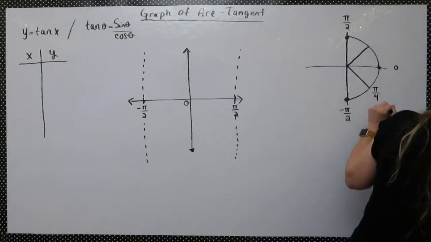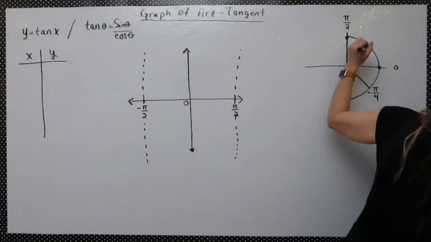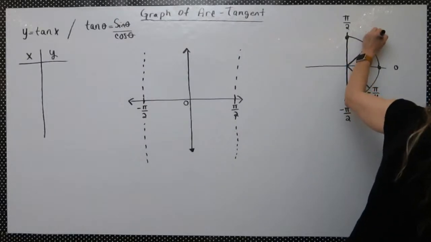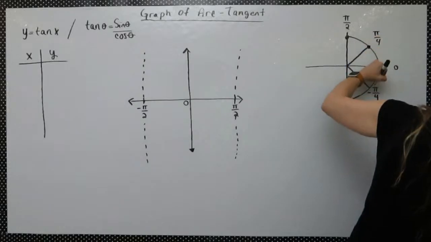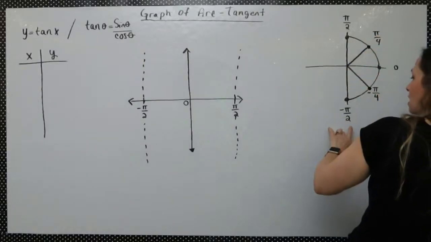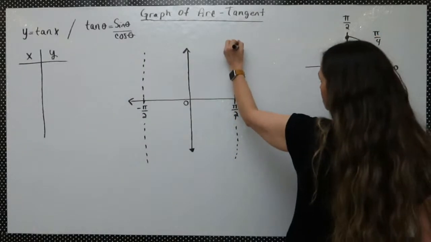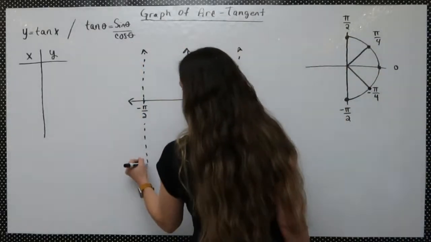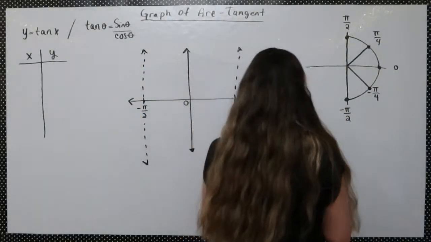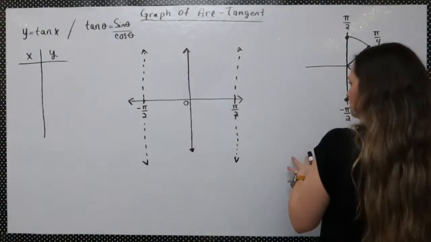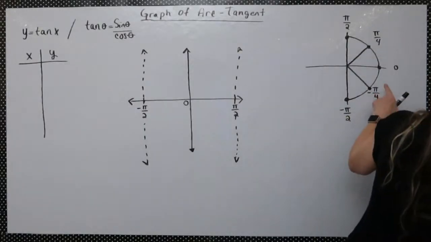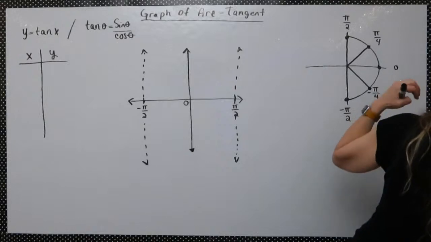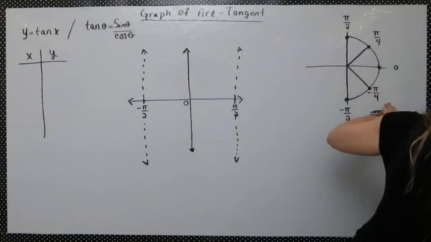So I think we'll start with negative pi over 4 and pi over 4 here, so that'll give me 1. Really, pi over 2 and negative pi over 2 are the asymptotes, so they're going to bound the graph, but we'll go ahead and count those. So we'll have 3 clean points: a value at pi over 4, 0, and then negative pi over 4.